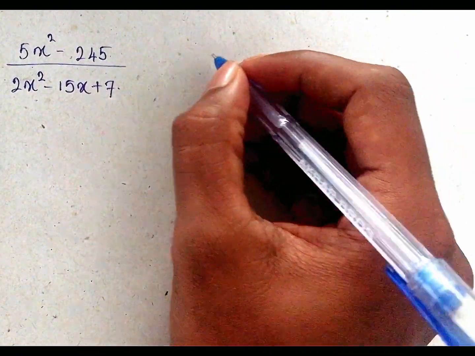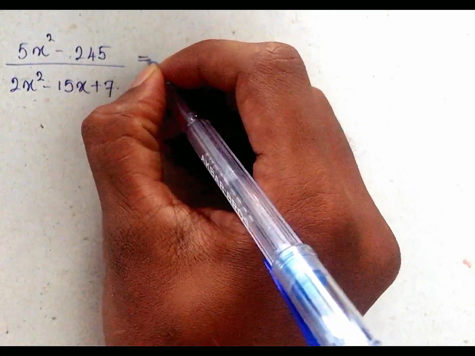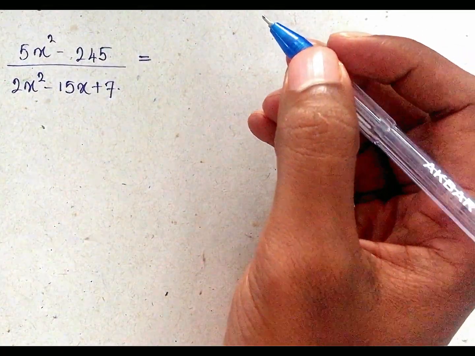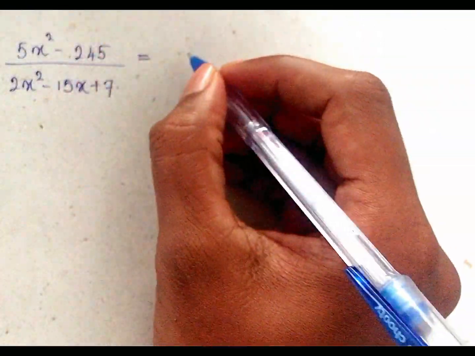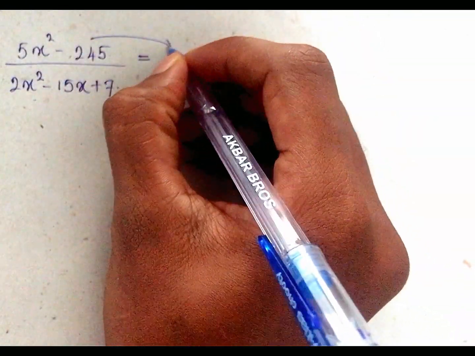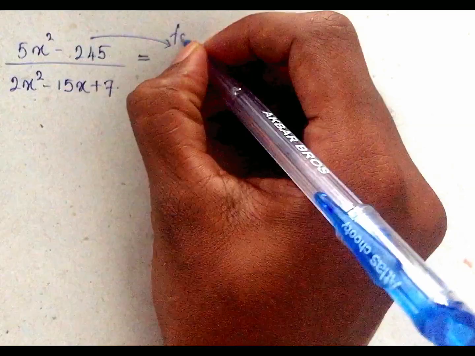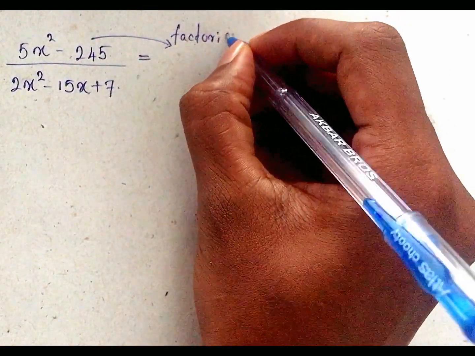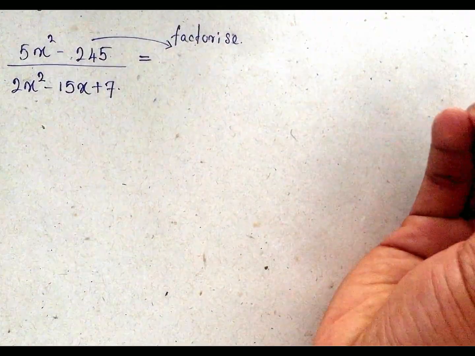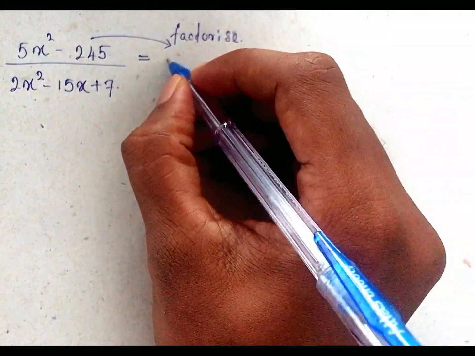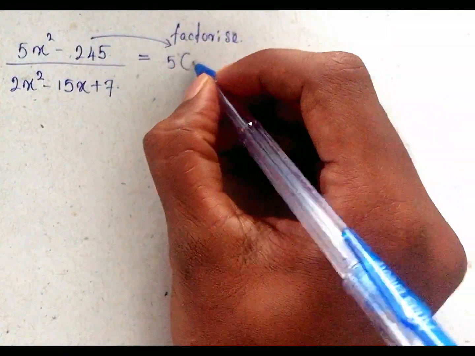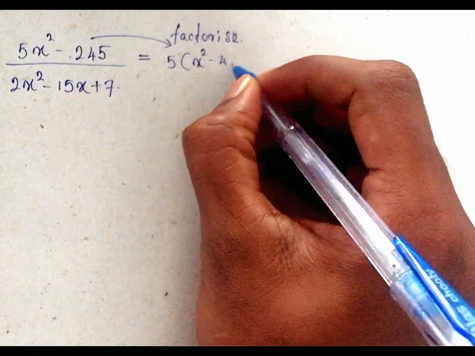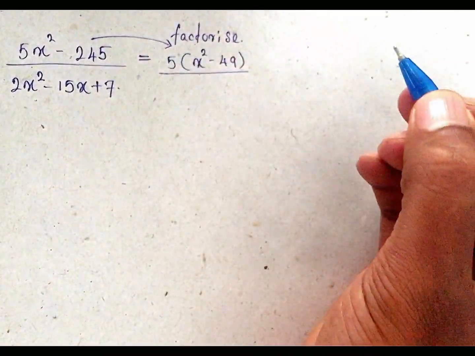When factorizing the numerator, you can consider that 5 is common for the numerator and bring out 5 over the bracket. There are some unique methods for factorizing, and I will bring a video series for factorizing lessons. Here, 5 within bracket x squared minus 49 over.